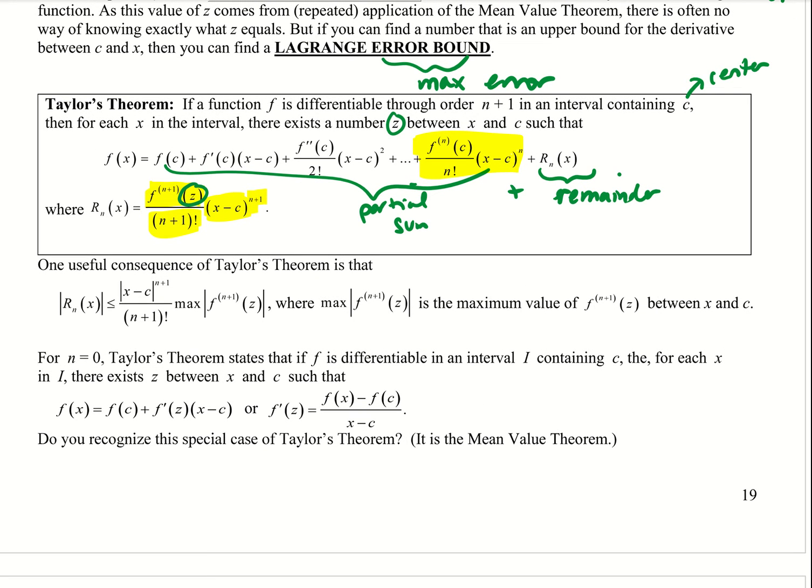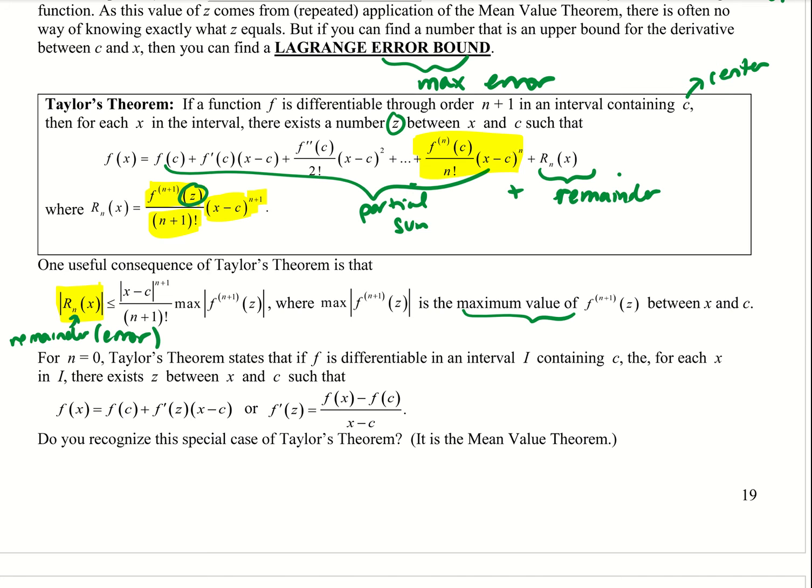That's because the error and the remainder are both talking about the same thing, and we want that to be positive. Those are both great ways of saying the same thing. So we want to make sure that we're looking at positive values, and we want to find this place where our derivative is the maximum. We're going to have a way to do that, and they're going to give us some information to allow us to do that.